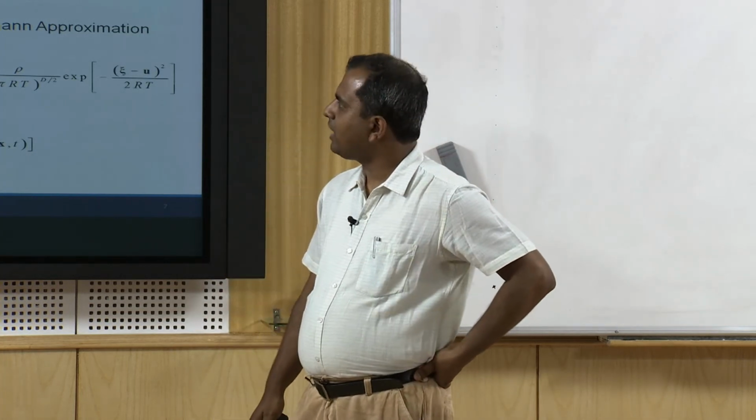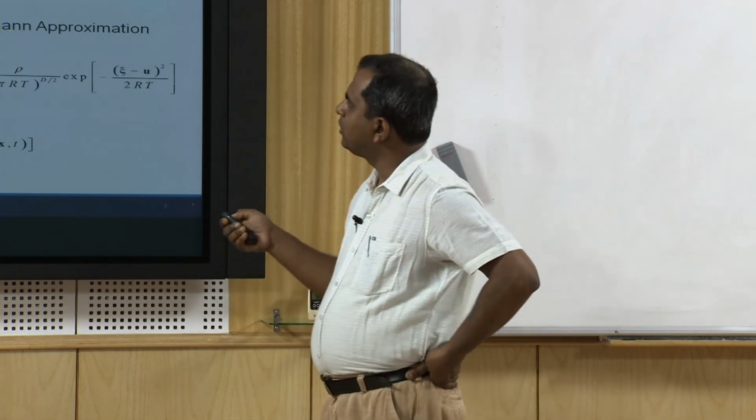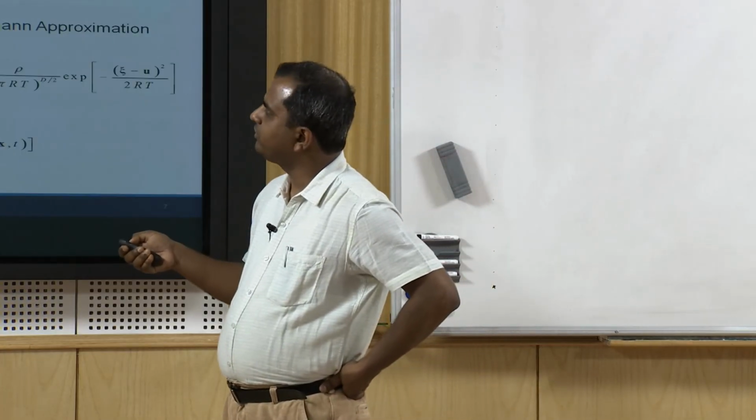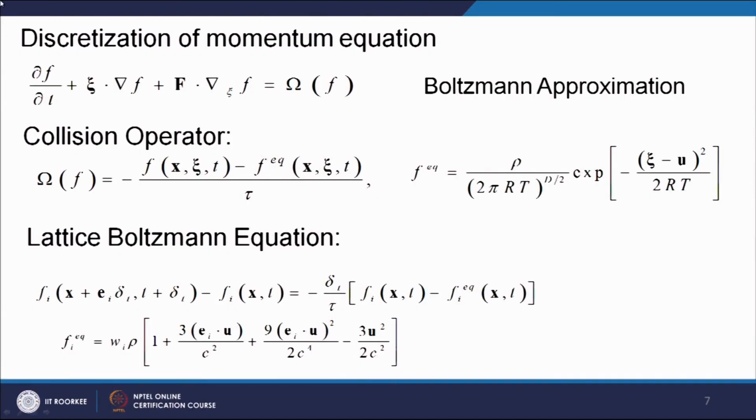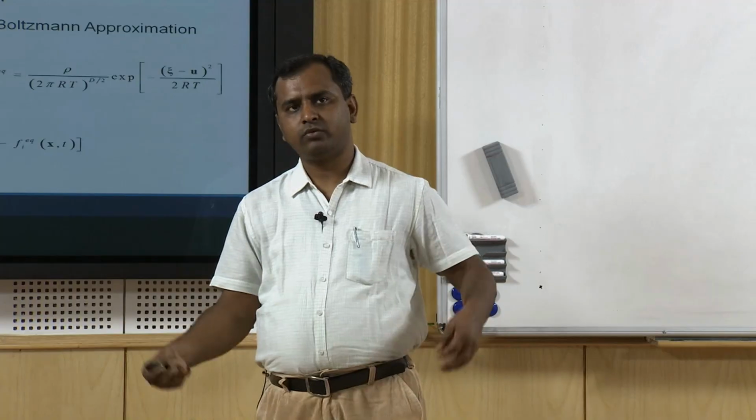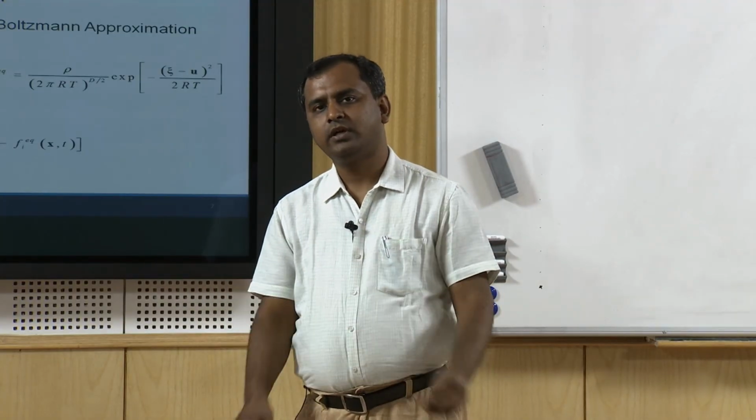So, after doing this Boltzmann approximation, the distribution function f can be written in this fashion, where you see this is the temporal part of change of f. Here we have the convective part. Okay. Here we have some sort of external force field part, and finally here we have the collision operator. This collision operator is very, very important, because we always have collision between the lattices.